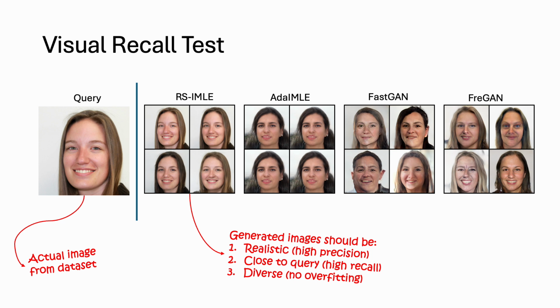We have demonstrated that in this figure. And as you can see, our method produces images which are, one, realistic, meaning that they have high precision. They're also close to the query, which means that they have high recall. And finally, they are diverse, which says that the model is not overfitting.